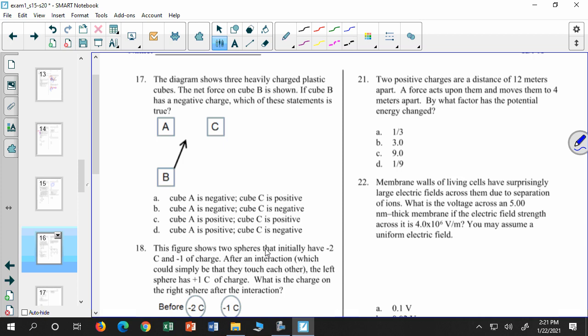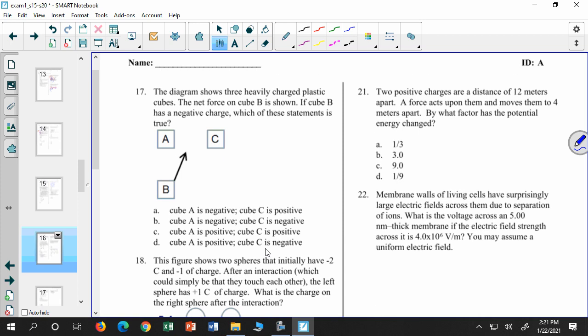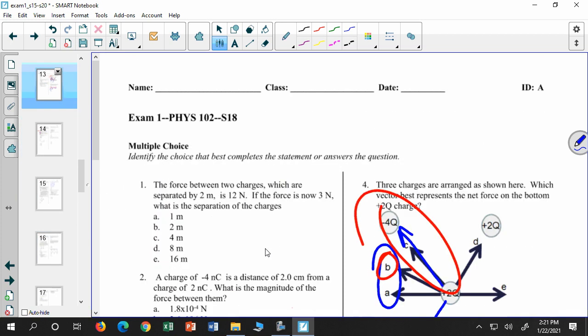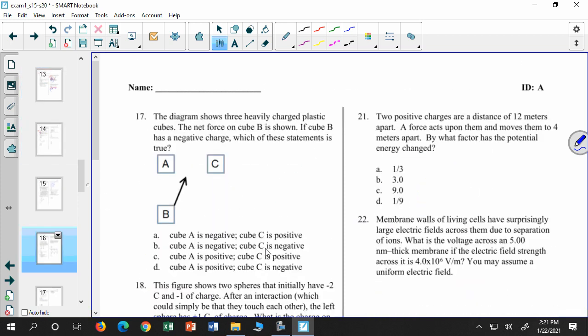Oh, I don't think we've done one like this. Number 17, still spring 18. If cube B has a negative charge, what does that tell me about the charges of cube A and cube C?